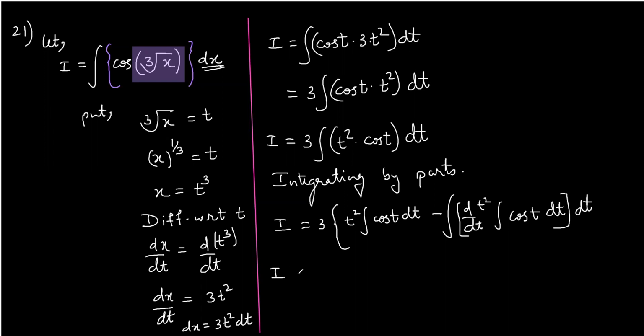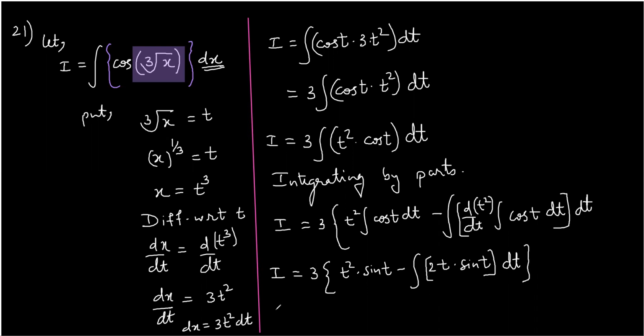So here I get I equals 3 times t square into sine t minus big integral d by dt of t square is 2t, and then this is sine t dt. The bracket closes. I equals 3 times t square into sine t minus, this 2 is out, and I have integral t into sine t dt.